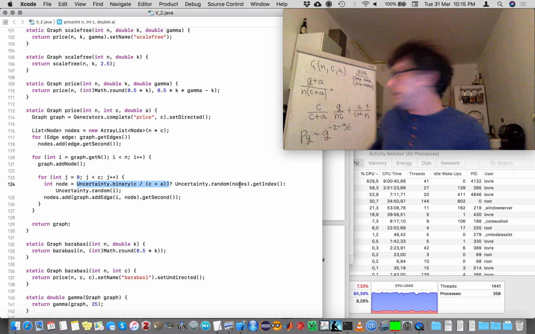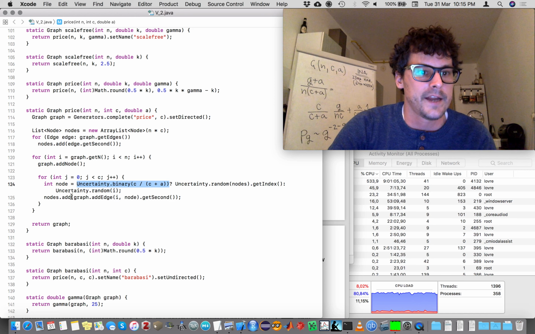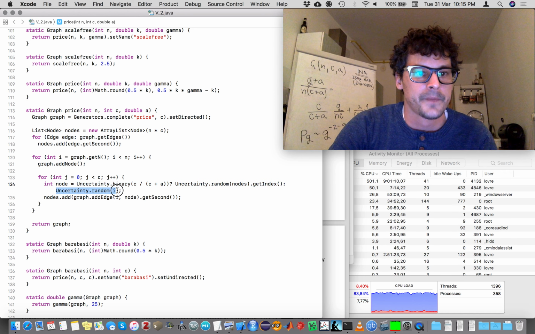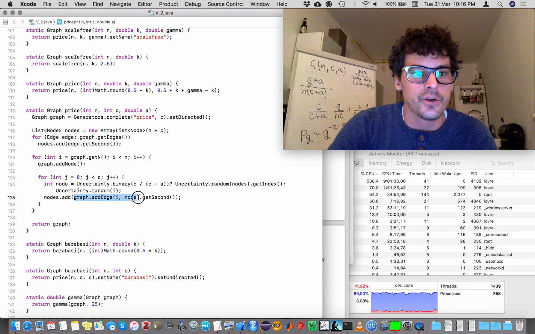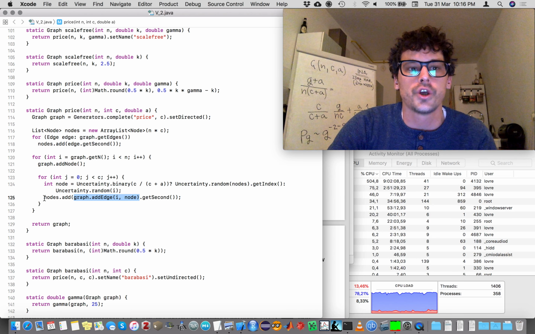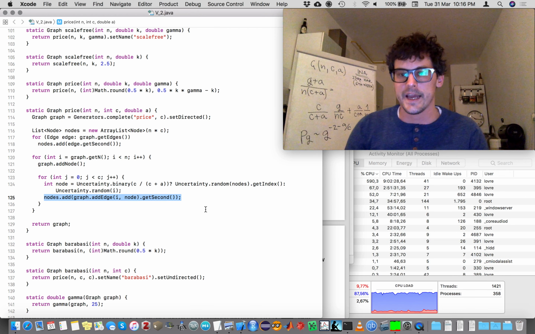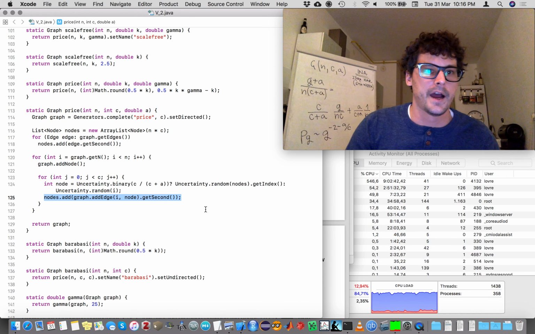And with the remaining probability, I select the nodes uniformly at random, which is done here. And then I simply create an edge from my new node i to this selected node, and I also update the list nodes with the second node, so the things will keep updated.